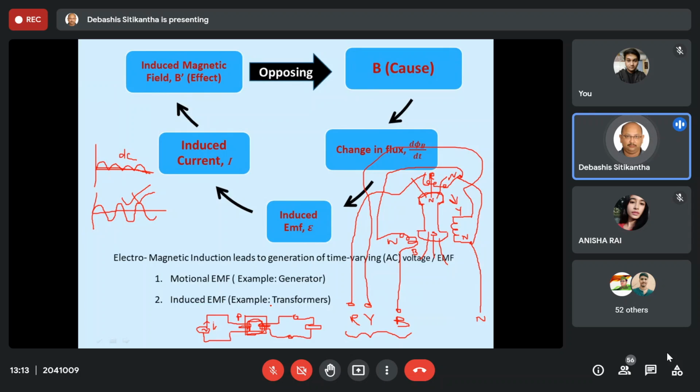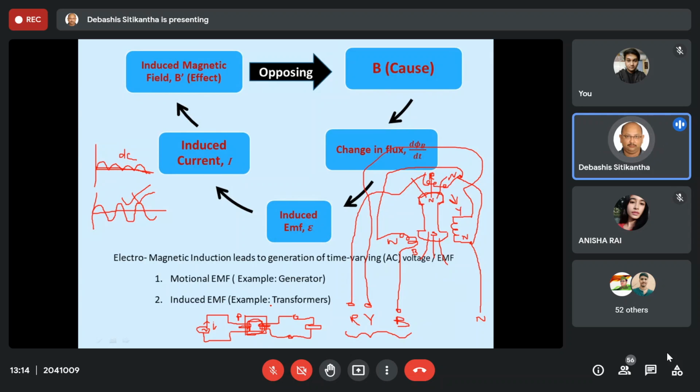So ultimately, we come to the idea that we can use Faraday's law of electromagnetic induction to generate time varying AC voltage, and that comes in two types. One is motional EMF, where we make use of a movement to generate electricity. The other one is induced EMF, where we make use of magnetic flux to induce a voltage in a nearby coil. So these are the two types.